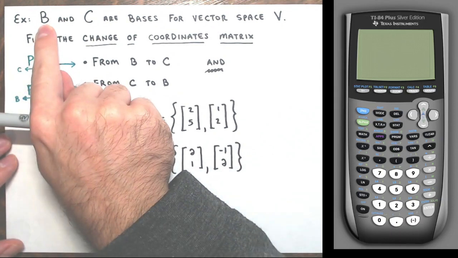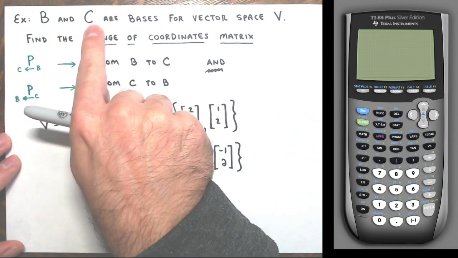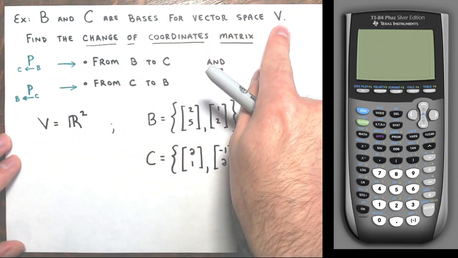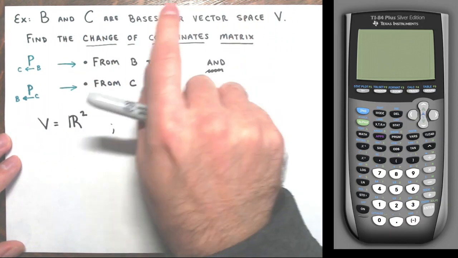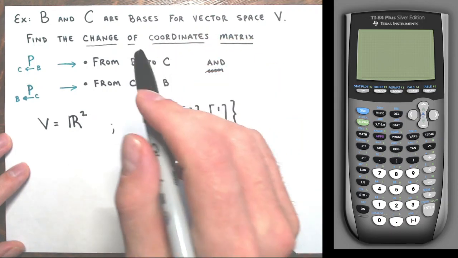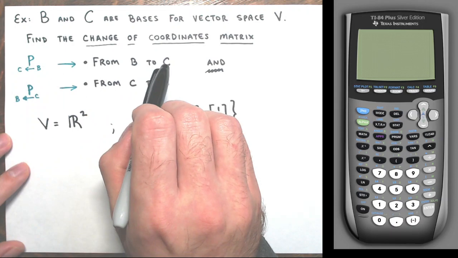So whatever set B is and whatever set C is, B and C are bases for vector space V. All right. So each one is a basis for vector space V. And what I'm asked to do is find the change of coordinates matrix for the transition from B to C, right?